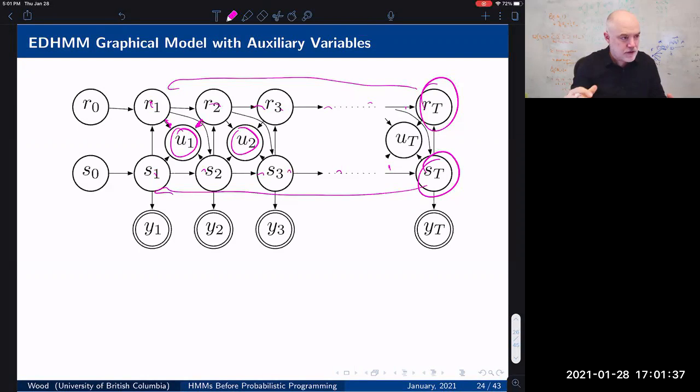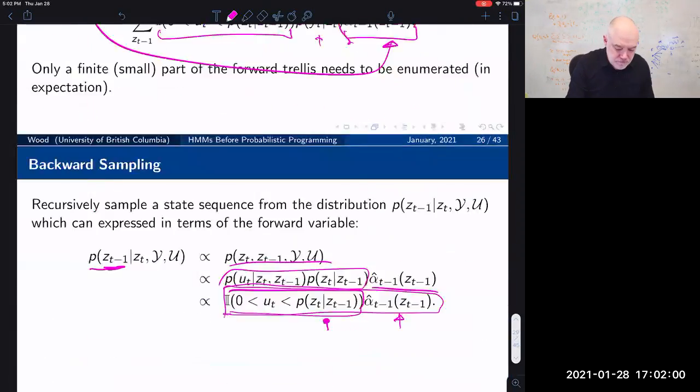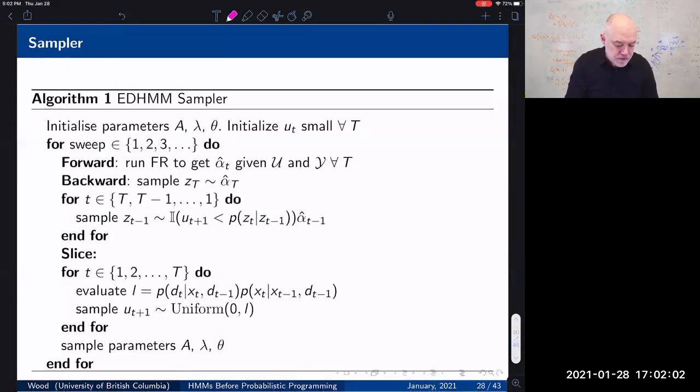Now, once you have those, sampling the slices is going to be very easy because you know the distribution of the slices, so you can Gibbs sample the slice. So you can run forward, sample backwards, Gibbs sample the slice. Condition on the slice variables, run forward, run backward, sample the slice variables. Run forward, run backwards, sample the slice variables. And that gives you basically the complete algorithm.